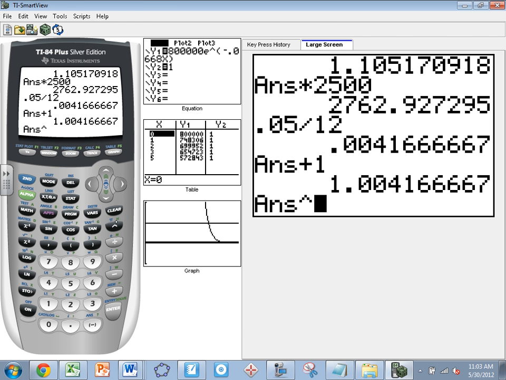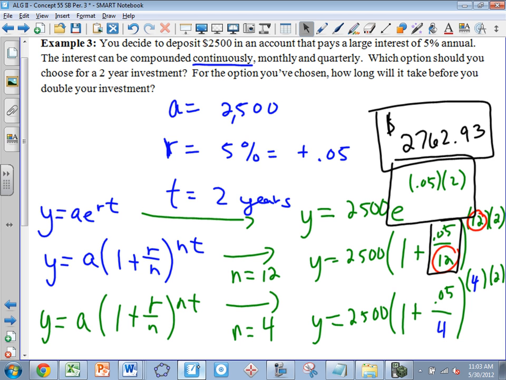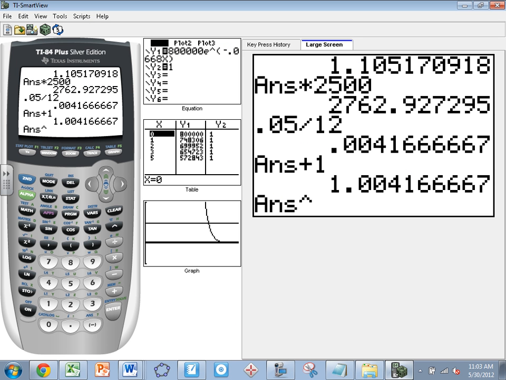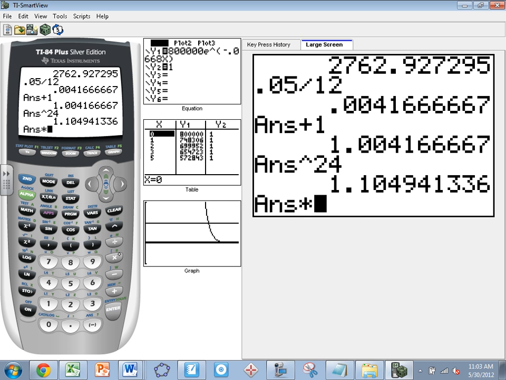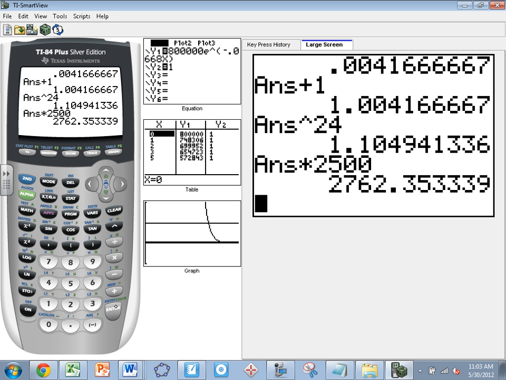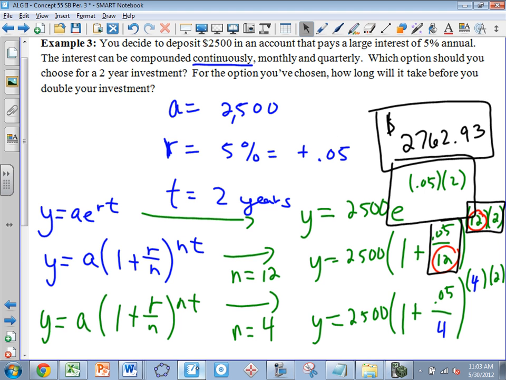The plus 1 is right here. We take that quantity plus 1 and raise that to the 24th, because this quantity, 2 times 12, is really 24. So put a 24 in here, and then times that by 2,500. That will give you the quantity 2762.35.